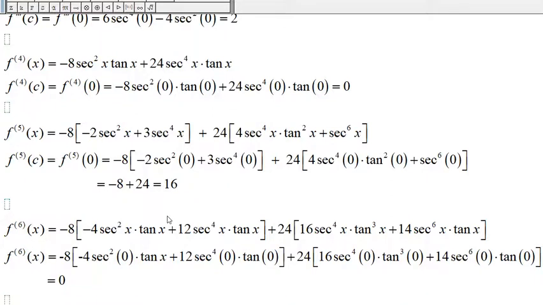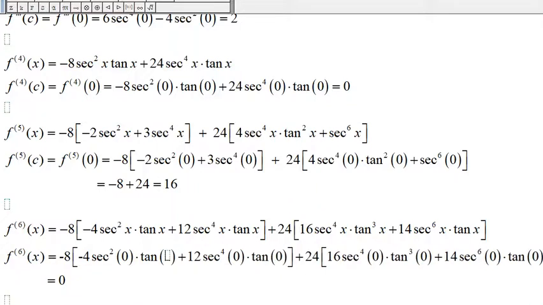And then the sixth derivative comes out to be this long. And then right here, we have 0. Tangent of 0 is 0, so this term will be 0. Tangent of 0 is 0, so we get 0.